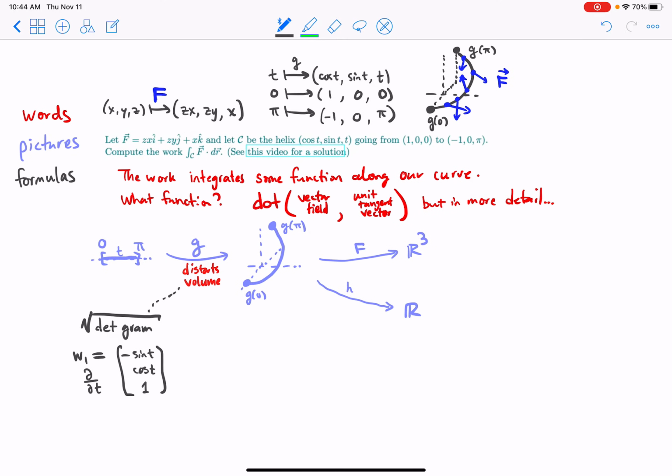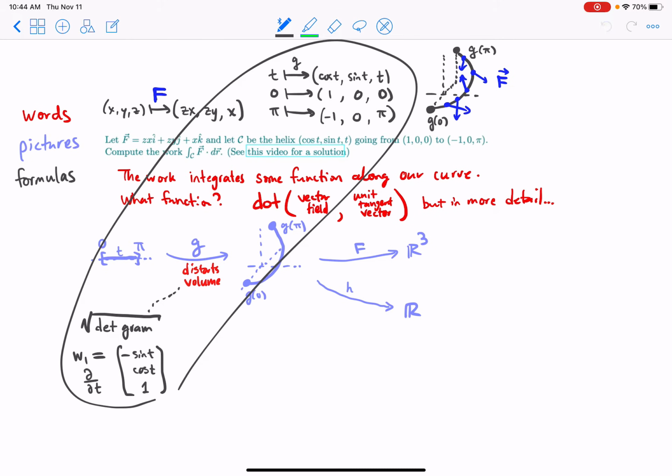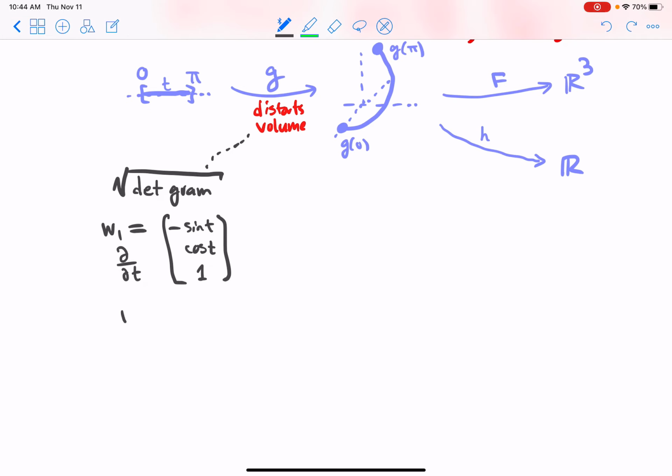Okay, so that's from taking the derivative, and now I can compute the gram matrix, which is just a 1-by-1 matrix. It's going to be sine squared plus cos squared plus 1 squared. And this will be a 1, and so we get 1 plus 1, and that is 2.